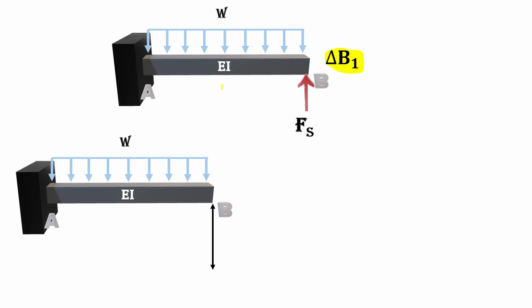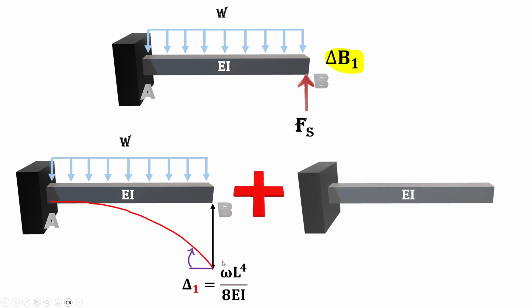Delta B1 is dissected into two parts. The first part is the effect of the distributed load, which we call delta 1, and that's WL to the 4 over 8 EI. We already calculated this for this cantilever beam with a different approach. I will provide you with the link to see how to get delta 1 due to distributed load of W on a cantilever beam. That's WL to the fourth over 8 EI downward.